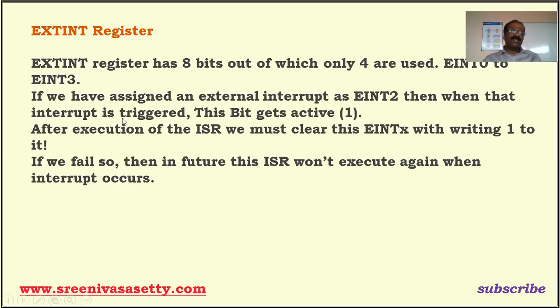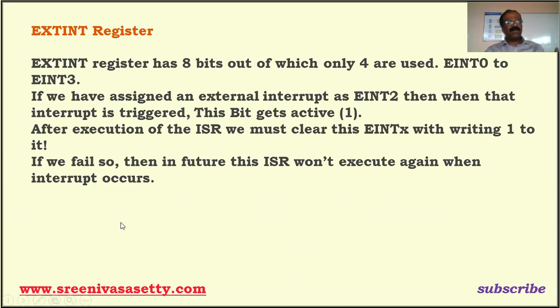Next, we have one more register called the external interrupt register, EXTINT. The EXTINT register has 8 bits, out of which only 4 are used: EINT0 to EINT3. If you have assigned an external interrupt as EINT2, then when that interrupt is triggered, this bit becomes 1.